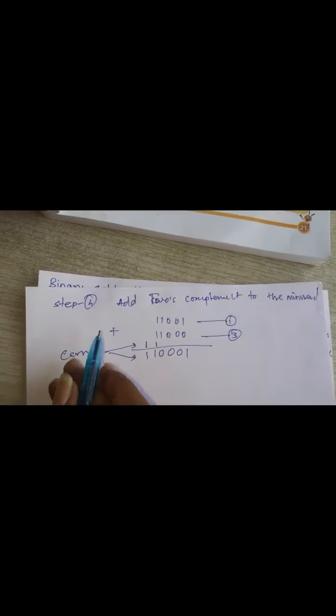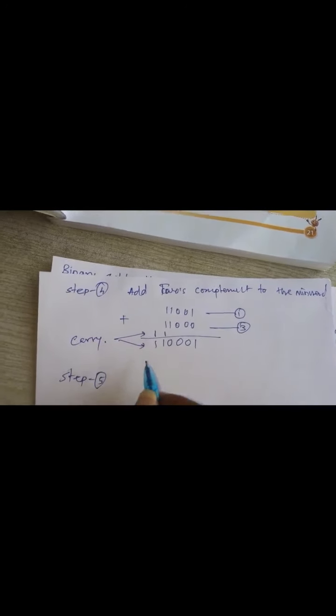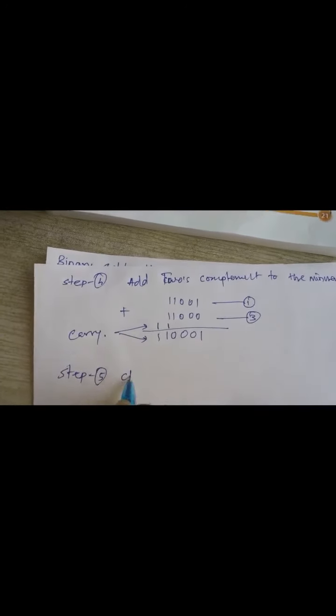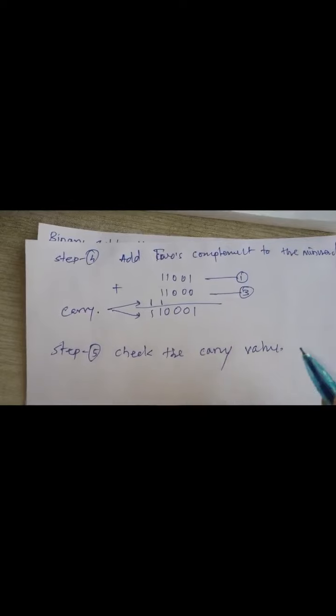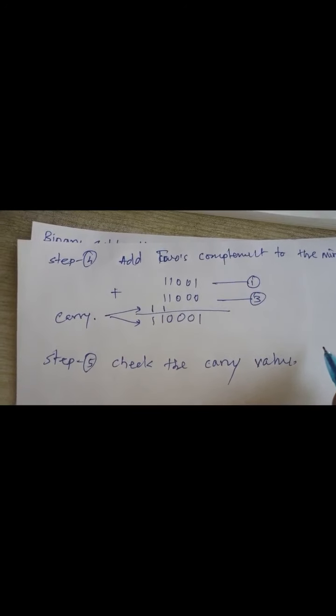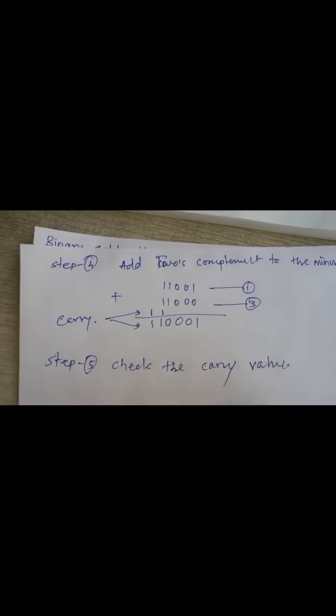What is step 5? Step 5 is check the carry value. If the carry value is present, ignore the carry value and keep the result as it is.